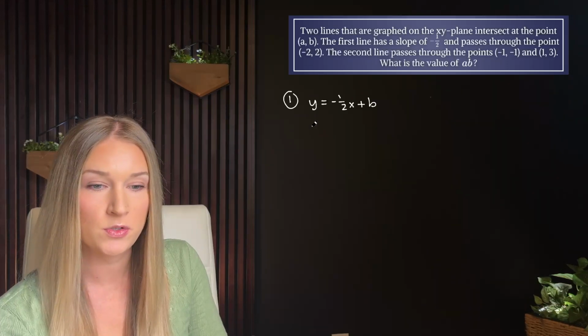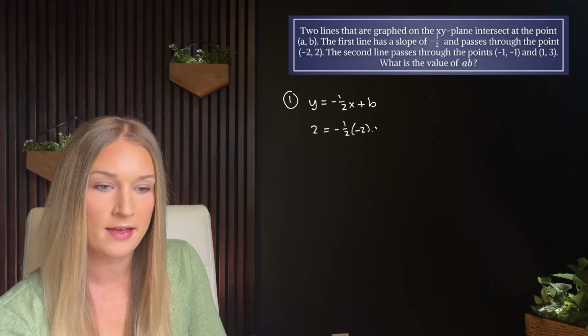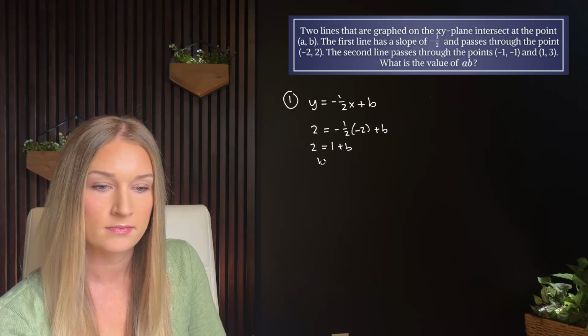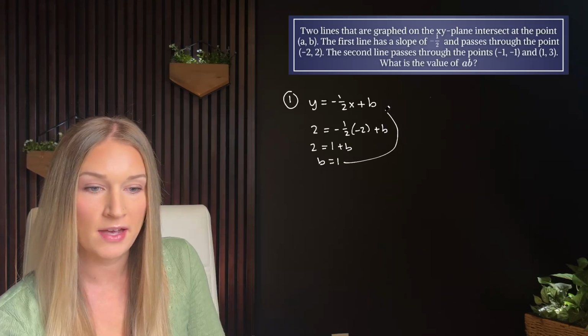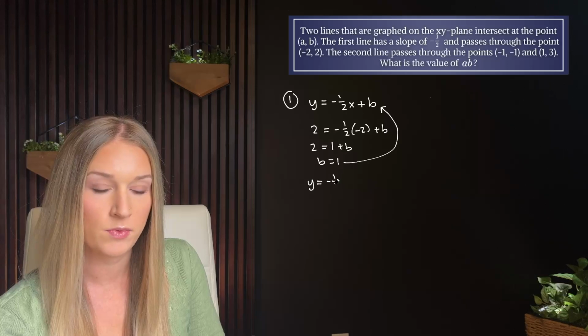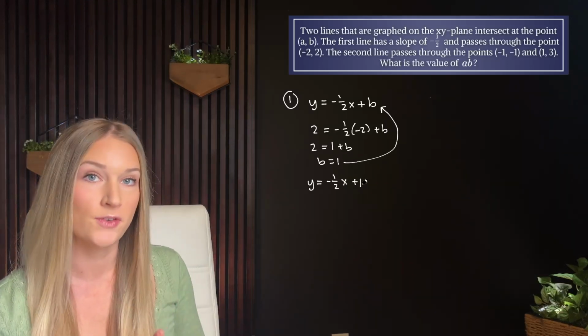So I would put 2 in for y and -2 in for x. And then I just solve for b. So plugging that b value back in, I have the equation y = -1/2 x + 1. So that is the equation for my first line.